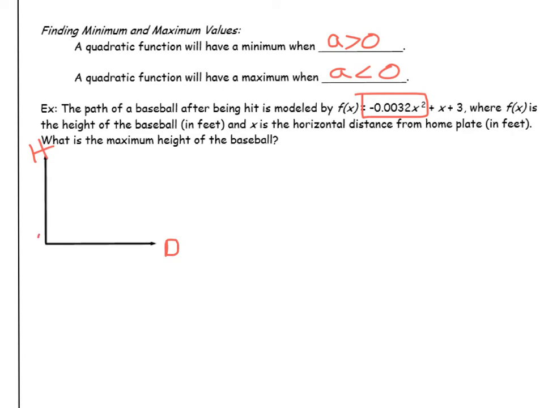But what's going on is the ball is hit and it comes back to the ground. A is negative, so I knew it opens down. And right about there, this quadratic is going to have a maximum, and that's what this problem is about, finding where that is. It even says so right here. Where's the maximum height of the baseball?